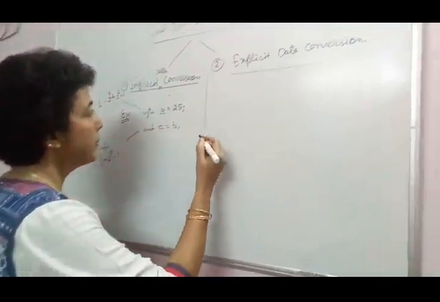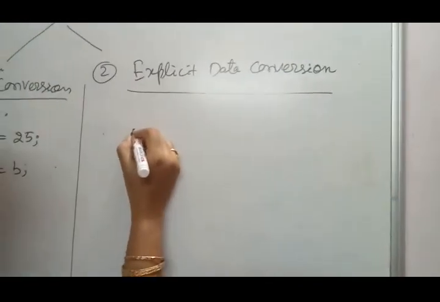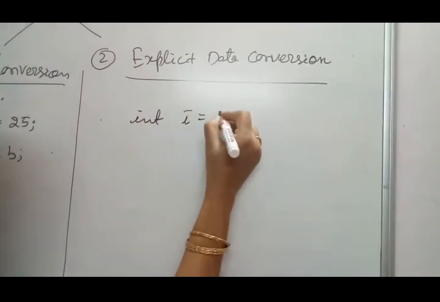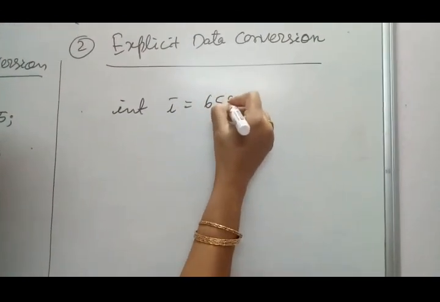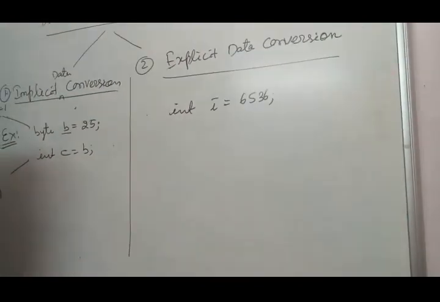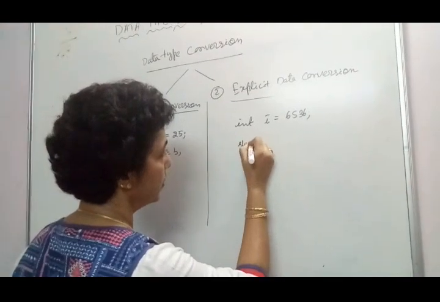For example, here is a variable, let us say int i equal to some value, and I want to convert this into a lower data type, let us say short.